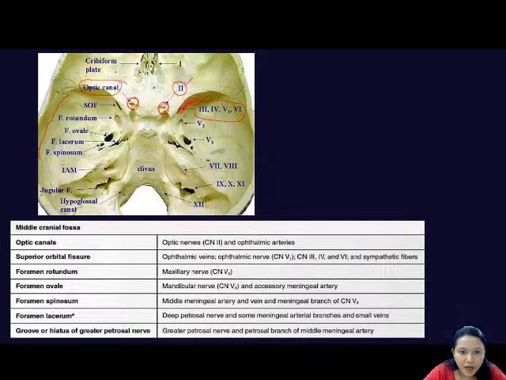Now you have 3 structures lying from above downward in the mnemonic R, O, S. R is the foramen rotundum, O is the foramen ovale, and the small foramen is the foramen spinosum. Okay, everybody clear? Anybody has doubt in the foramens?